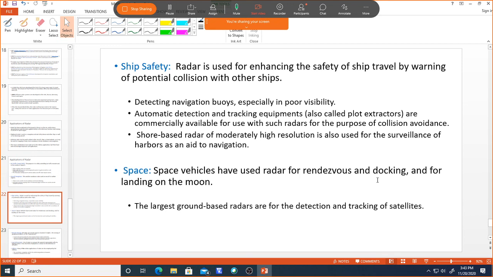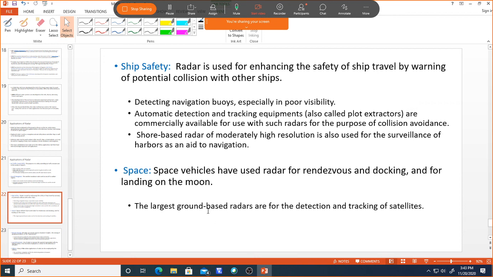The largest ground-based radars are used for detection and tracking of satellites. Whenever you establish communication with a satellite, these large ground-based radars are required, because the signal received by the ground station radars from the satellites contains many details, and those details need to be processed.